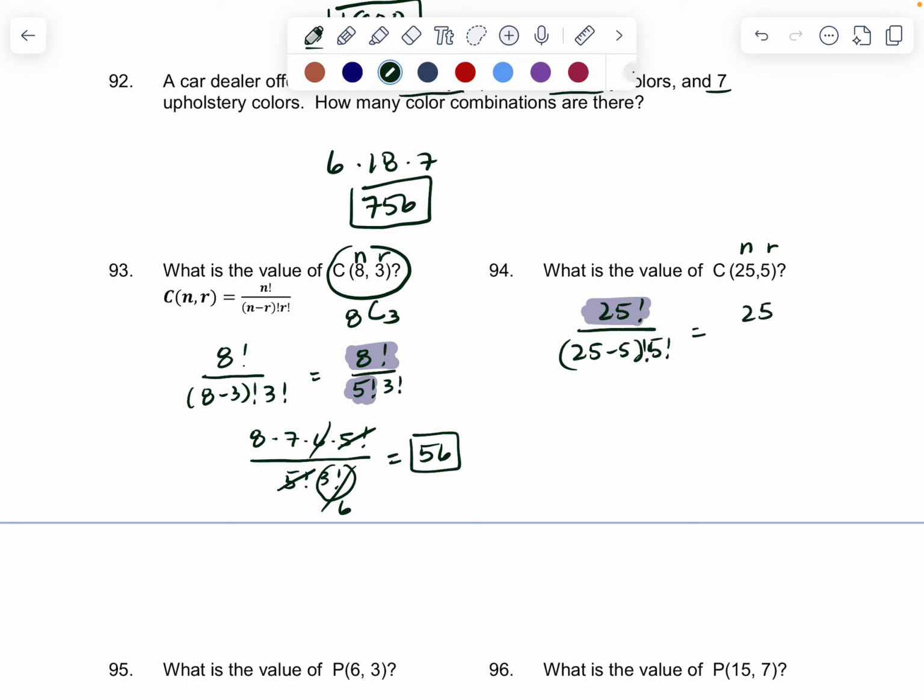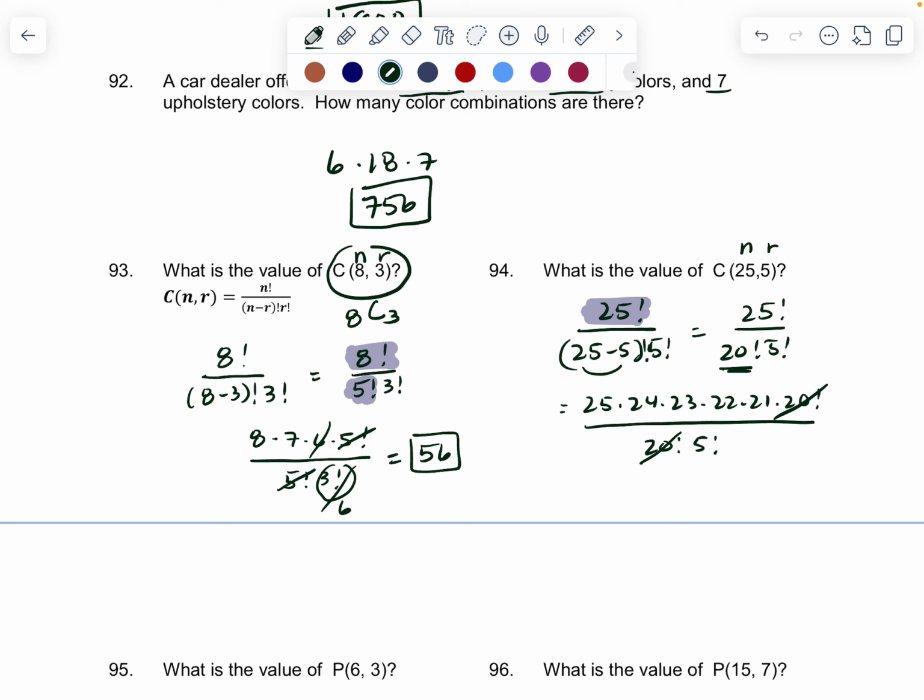This is 25 factorial over 25 minus 5, which is 20 factorial times 5 factorial. So this is going to be 25 times 24 times 23 times 22 times 21 times 20 factorial. I'm stopping at this one, and then it's all over 20 factorial times 5 factorial. Kind of a big one.